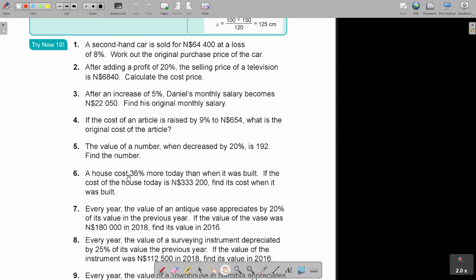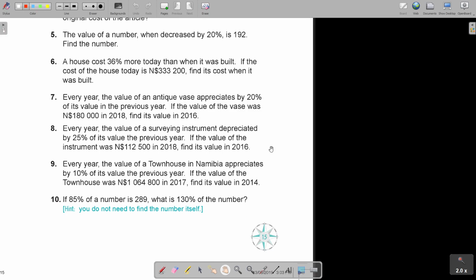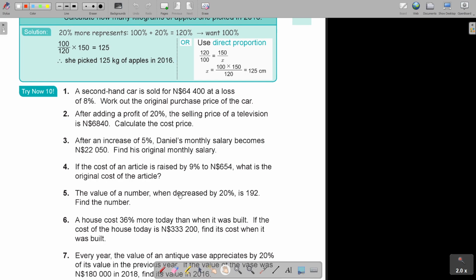Find the number. In this case, it's 100 minus 20, which is 80%. Then it will be the original, so 100 over 80 times 192, and that will give you the original number. Do that whole exercise and make sure that you can do this. They love asking it in the question papers. It's on page 15 in the mathematics textbook, y equals mx plus c, part 1, grade 10, 11.